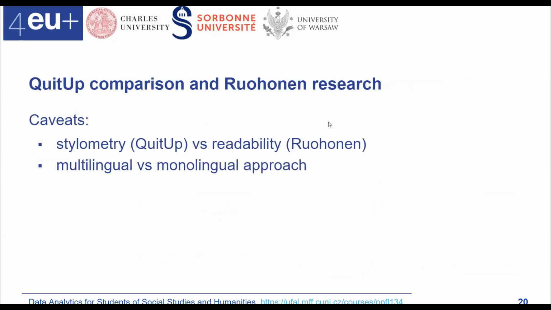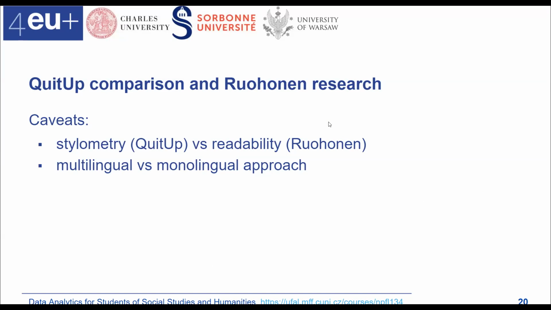We have used the Quitup tool that is available, and you will see where, and compared it to the results of the Ruohonen research, to look at what it would show. The difference in both research is that the Quitup tool deals with stylometry, so it measures the style, and in our understanding better style helps better readability.